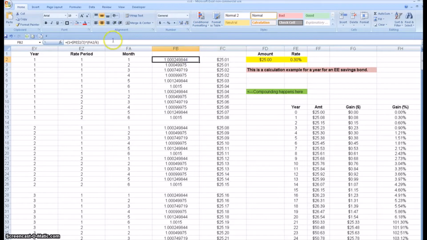This factor comes from taking 1 plus the annual rate, which is 0.3%, divided by 2, and raising it to the power of the month that you're in within the rate period, divided by 6. That's roughly around 1.